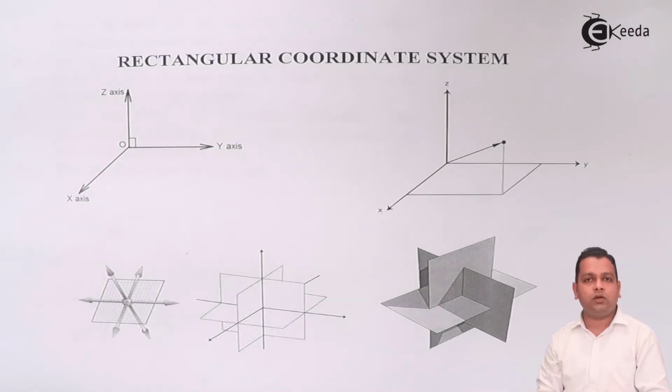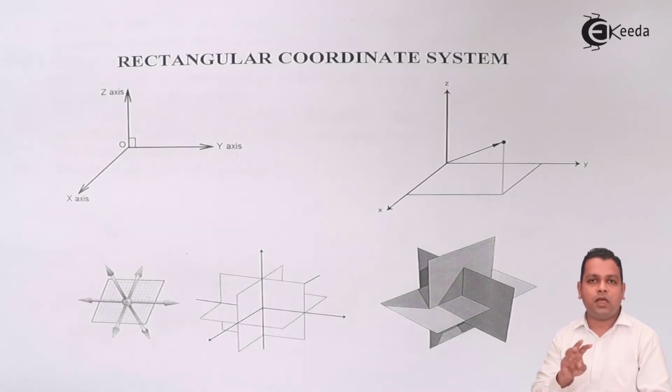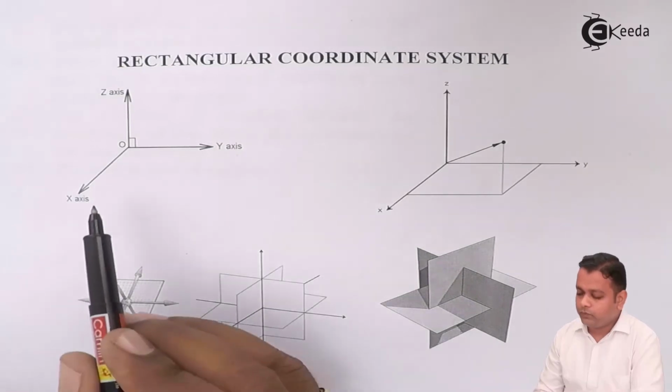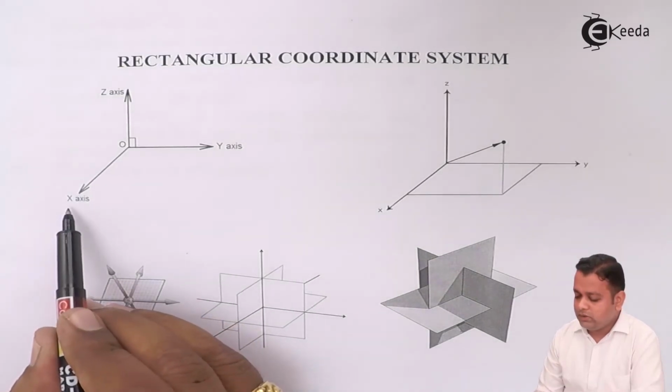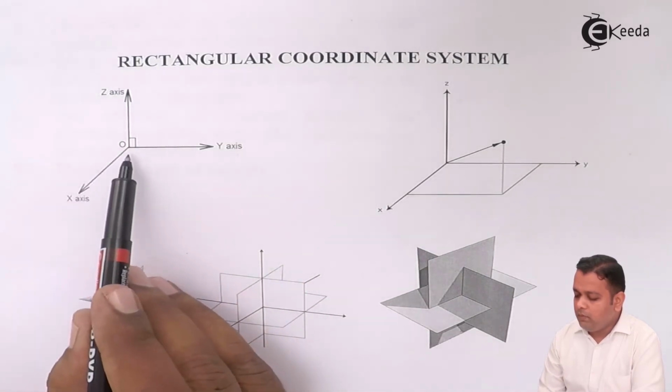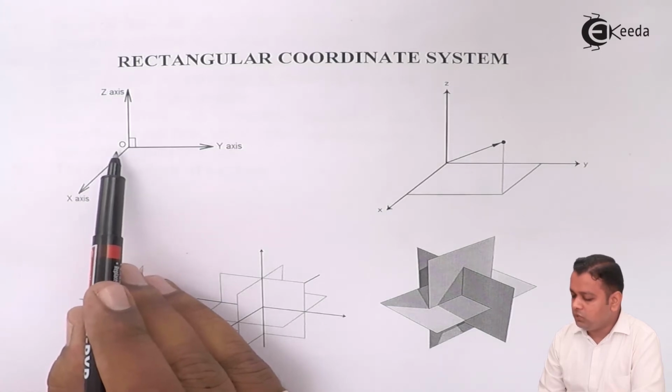So in the rectangular, also called Cartesian coordinate system, there are three axes represented: capital X, capital Y and capital Z, which are mutually perpendicular to each other, which we also call orthogonal to each other. So in the diagram, here it is x-axis, y-axis and z-axis that are perpendicular to each other, intersecting at the origin O.